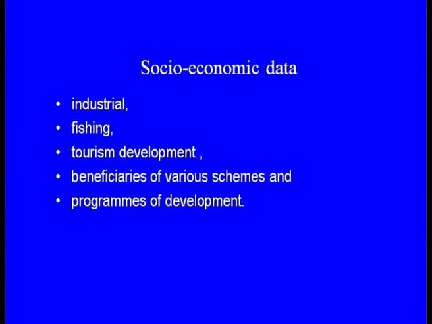The next type of data set could be related to the society and its economic impact, and this is known as the socio-economic data set. Here typical information related to the industry located in the area, what type of fishing activities are taking place, and tourist development potentials can be identified or provided.